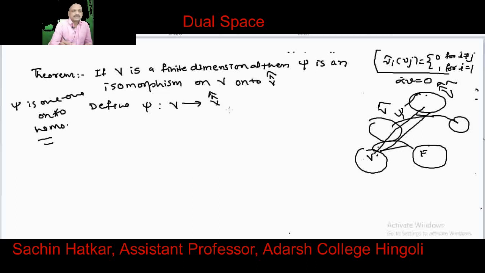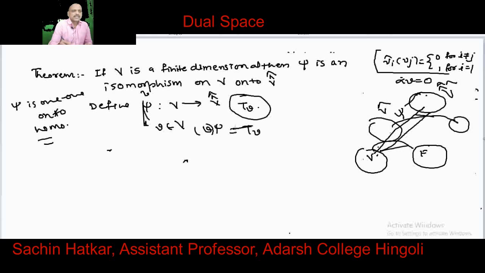Now we have just shown a problem where we have taken the elements of this V cap like this, T suffix V, where V is an element of F. Therefore, we take V belonging to V such that psi of V equals T suffix V.